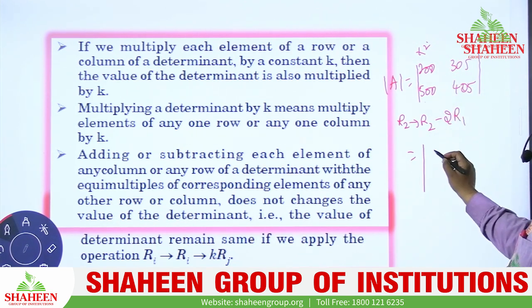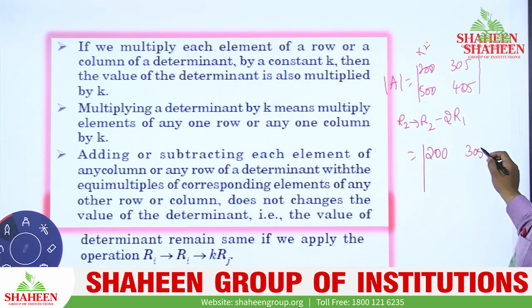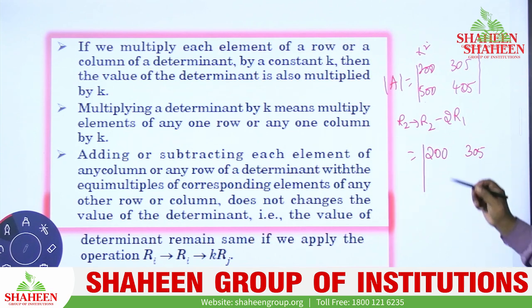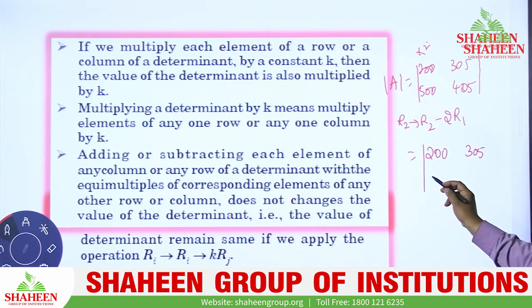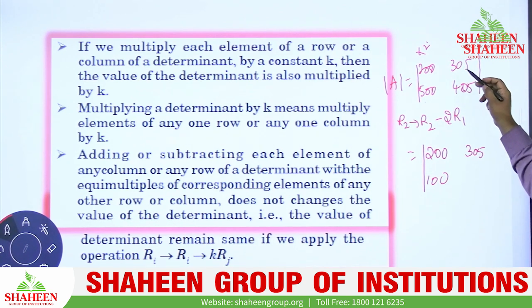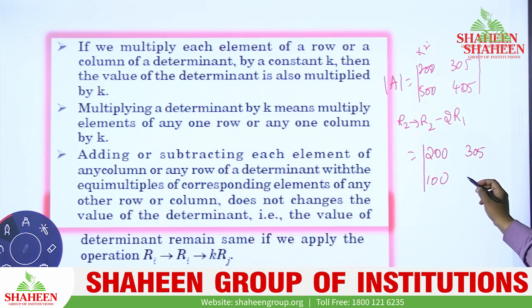Sorry, the first row as it is 200 and 305. The second row changes here. 2 into 200 is 400, 500 minus 400 is 100. तो 305 इंटू 2 जो 610 होगा. 405 में 610 माइनस करेंगे तो हमको क्या मिलेगा यहाँ पे माइनस 205 मिलेगा.